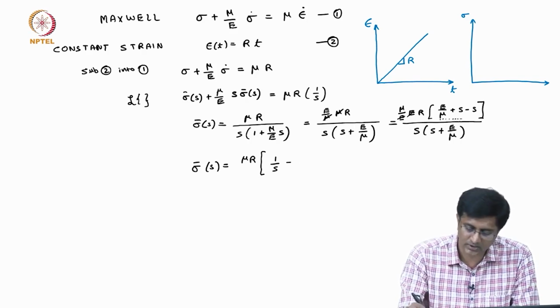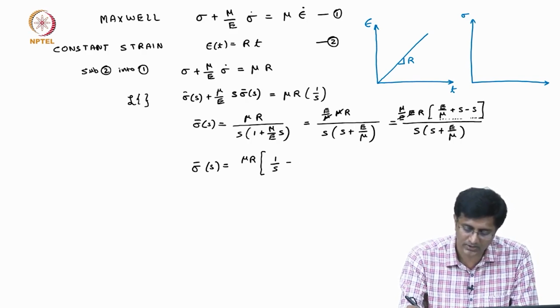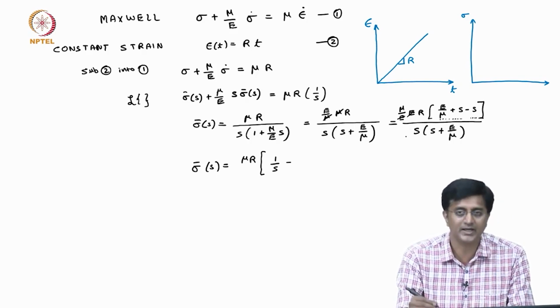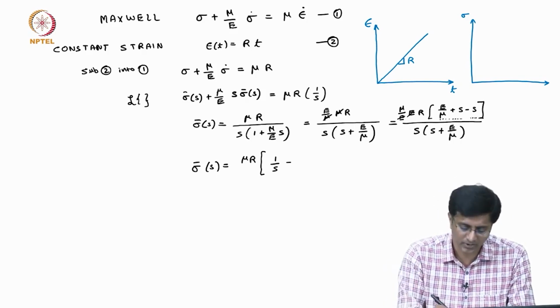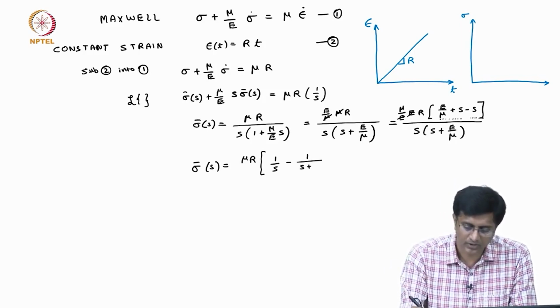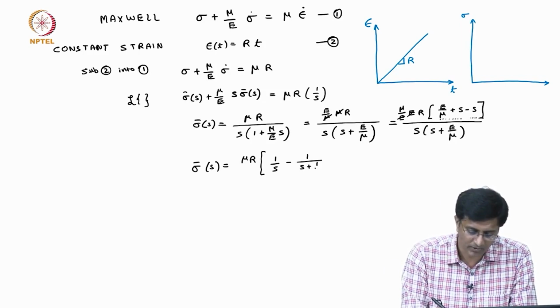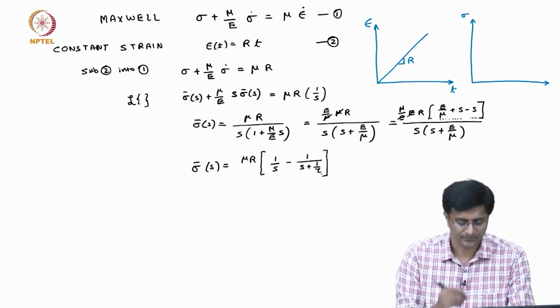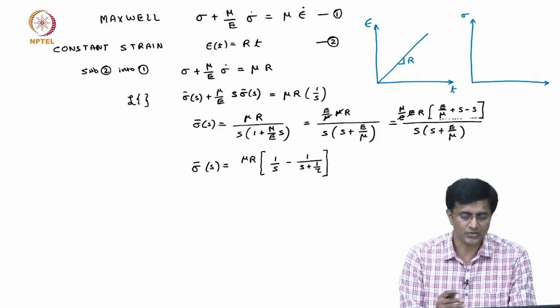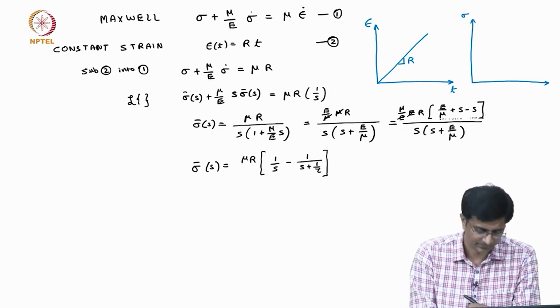And now once we consider the remaining term, minus s, the s and s will be cancelled out in the numerator and denominator, and what is left is 1 by s plus E by mu, which I will write as 1 by tau. What is tau? The relaxation time. Once I have it in this fashion, it will be easy for me to apply the inverse Laplace transform, because we have standard formulas for this.